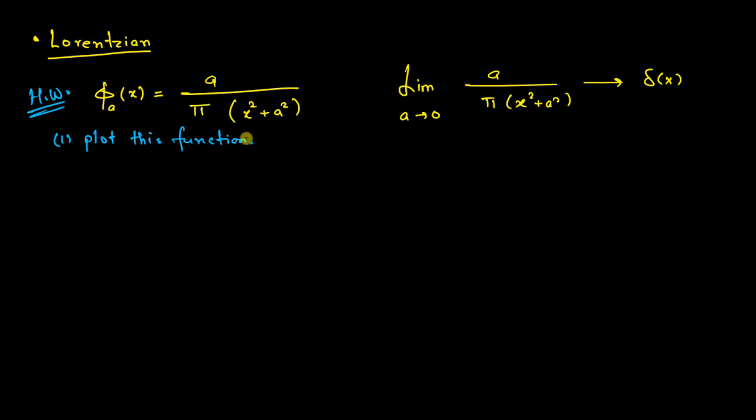Now the second thing is to plot this function. The first is the Lorentzian, you should plot the Lorentzian, and second you should plot the Gaussian function, and take the same value of a, and check which function decays faster.